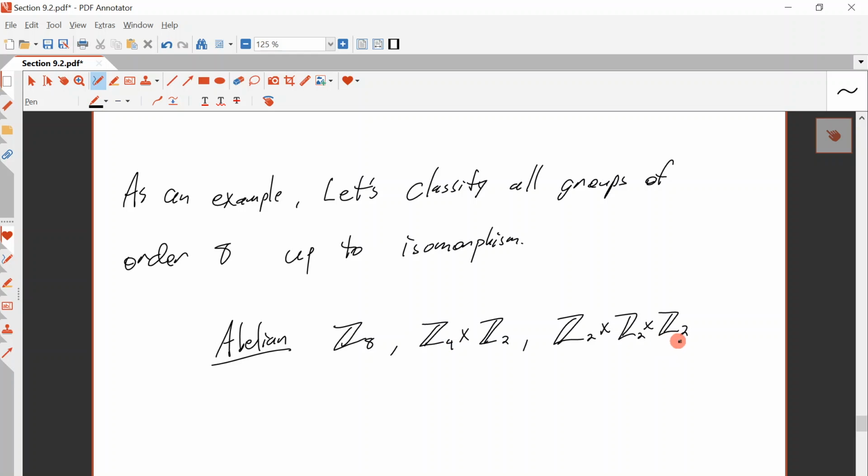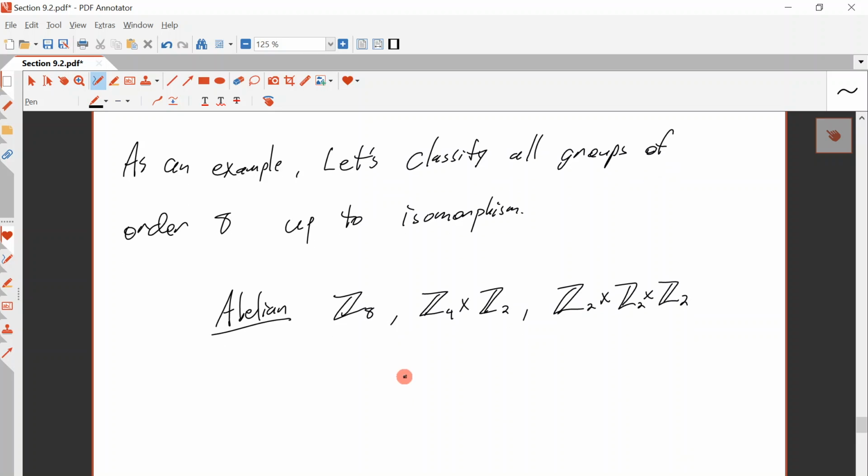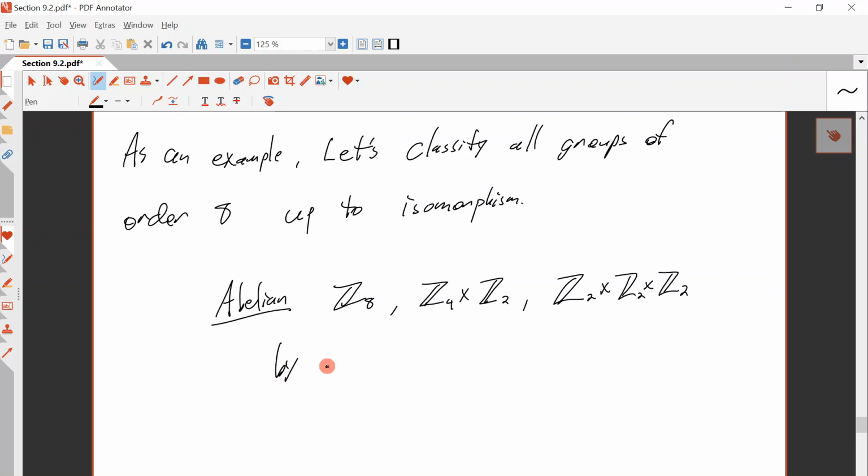And Z2 times Z2 times Z2, which has order 2 times 2 times 2, which is 8, right? And that's all the products of cyclic groups whose orders multiply to 8. So that's all the abelian ones. Okay, so that's by the fundamental theorem of finite abelian groups.